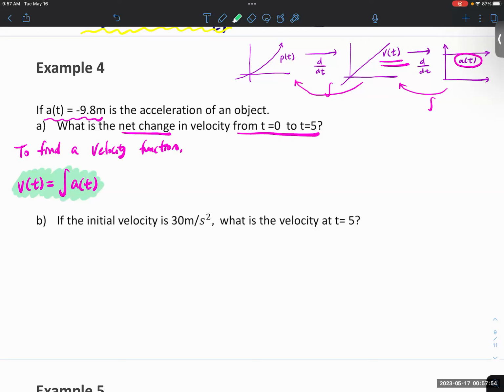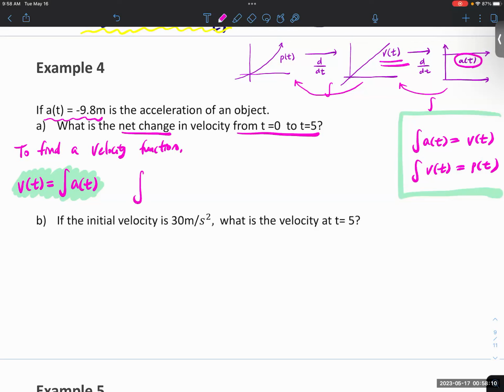Take the integral of the acceleration, you get velocity. Take the integral of the velocity, you will get back the position function. So these make sense to us. Therefore, we have negative 9.8, that's the acceleration function. If you integrate that, you will get the velocity function. And this is from 0 to 5.